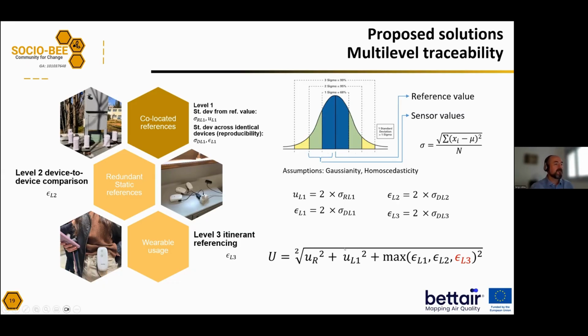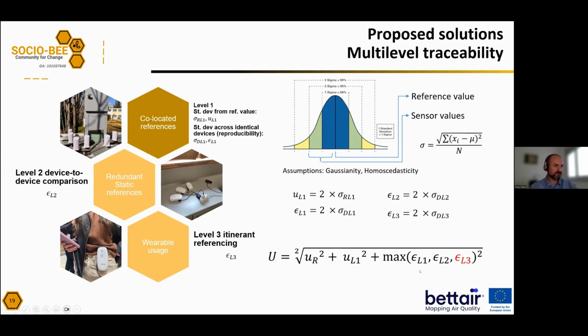Then the uncertainty between the collocated devices and the reference, which are independent, these two. And then these 3 are dependent, so this is why I take the maximum, which is the device-to-device dispersion estimated at the different levels.